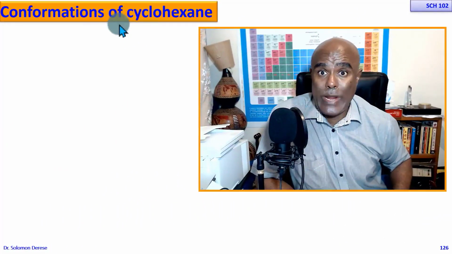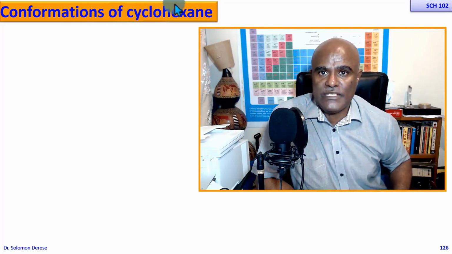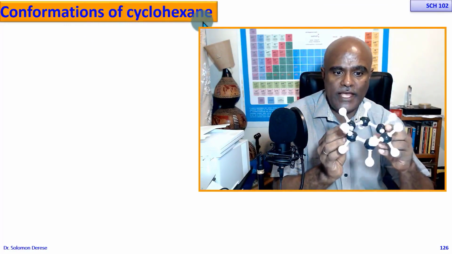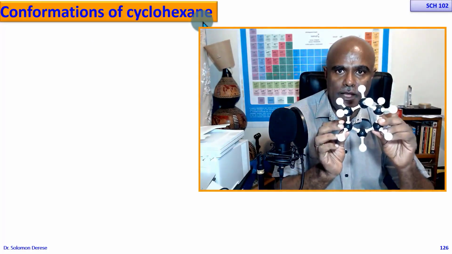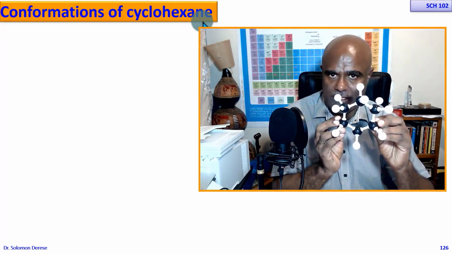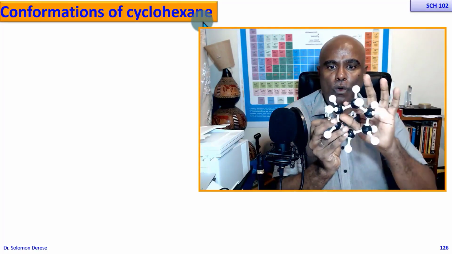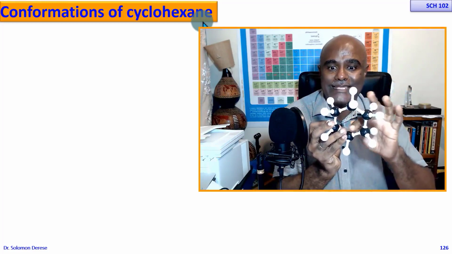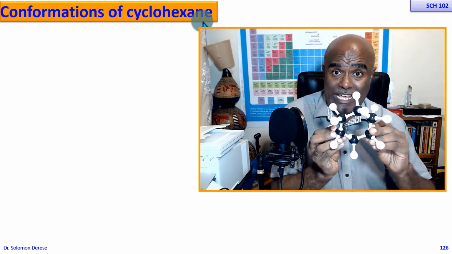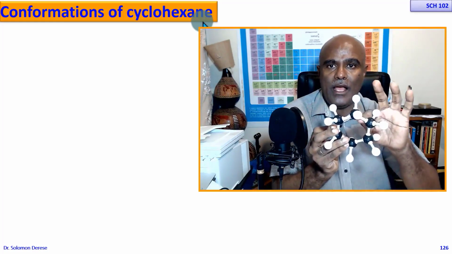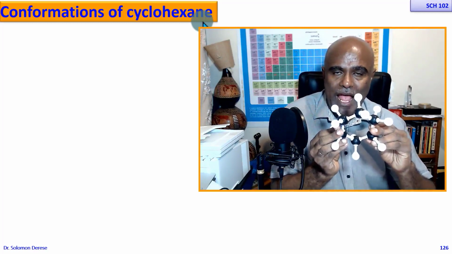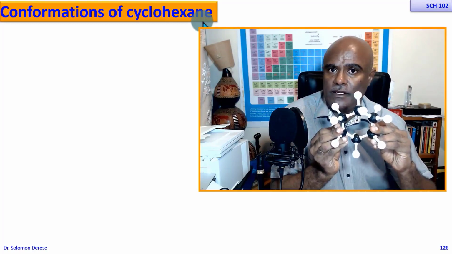Let us now look at the conformations of cyclohexane. So, if cyclohexane is planar as a regular hexagon, where all the 6 carbons are in the same plane, as we have discussed, this bond angle will be 120 degrees, way above 109.5 degrees.